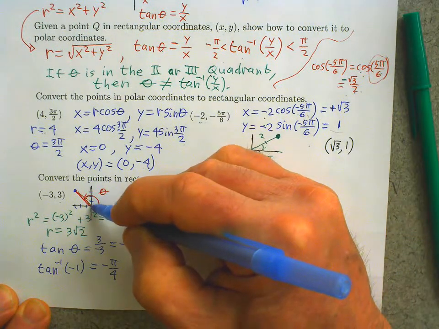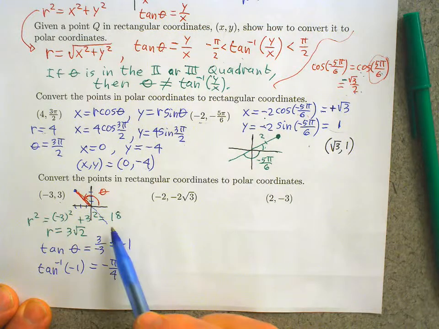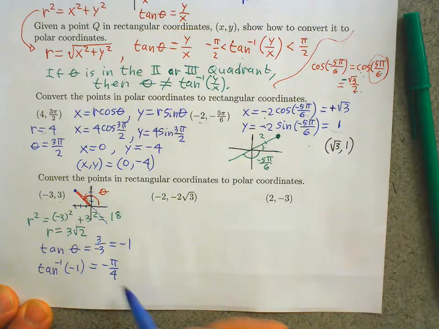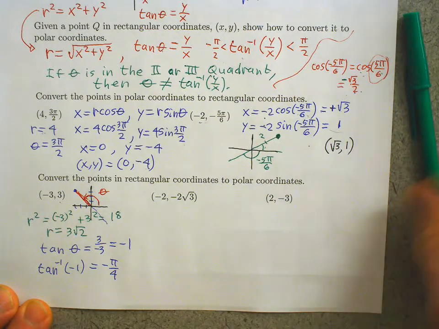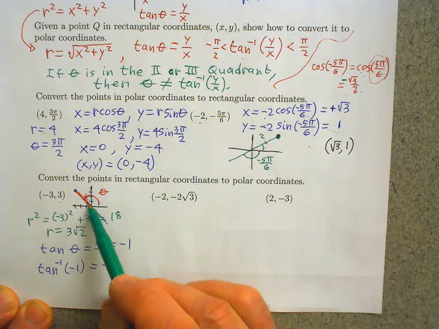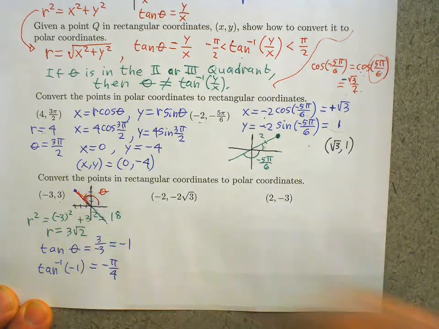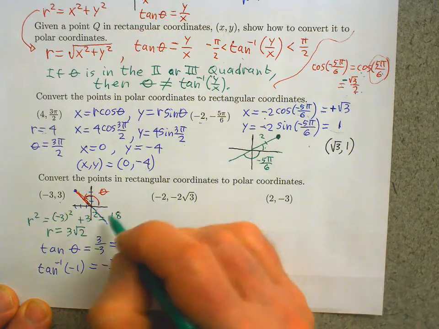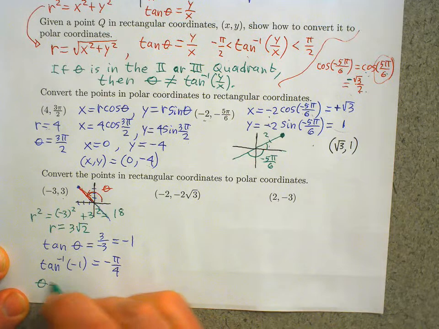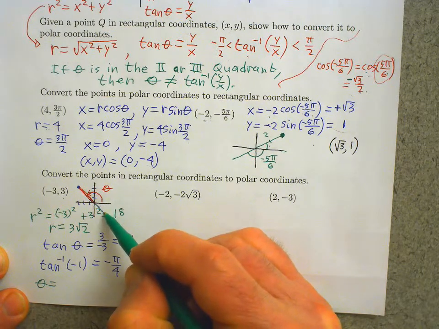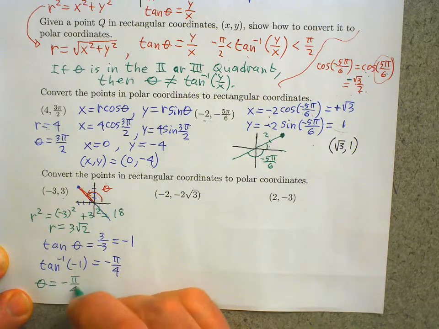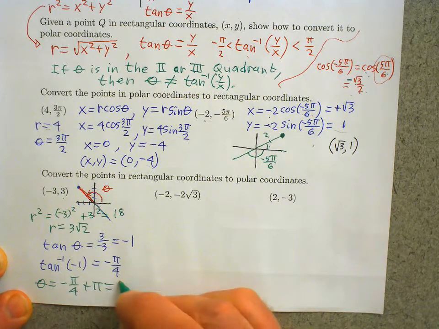So that's over here. So we can get theta if we add pi to negative pi over 4. Right? Theta and negative pi over 4 form a straight line. And so theta is just negative pi over 4 plus pi, or 3 pi over 4.